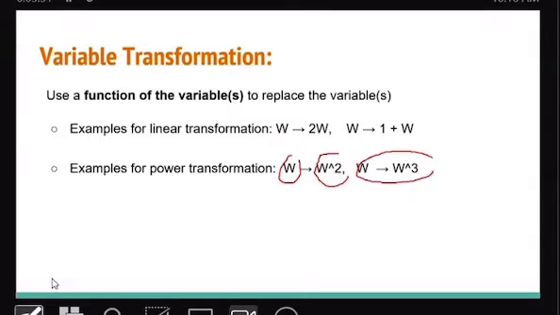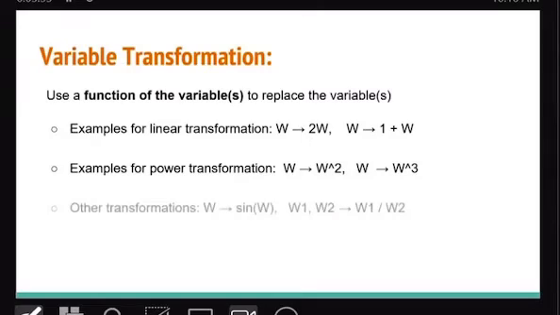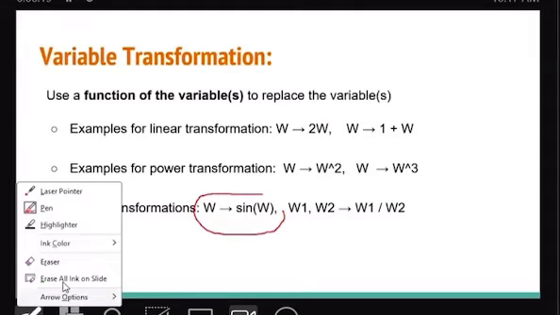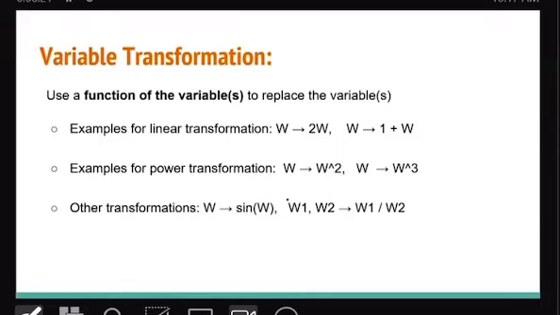Another time, other transformations may work. It could be that my W is problematic, and I need to take a sine of W, or a cosine of W, or a tangent of that. I need to consider the trigonometric functions for W. And let me also tell you this. At times, it may be two variables that are problematic in a model, W1 and W2.